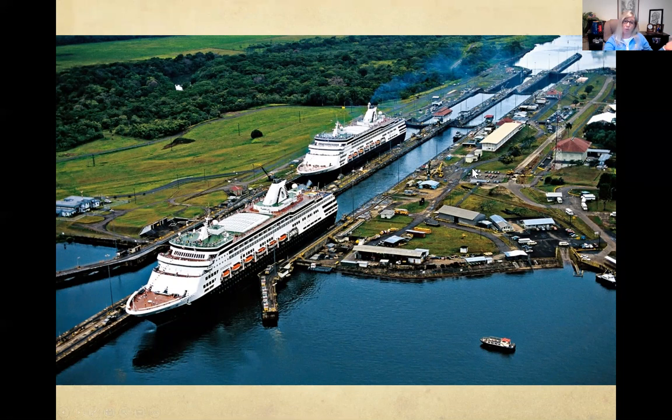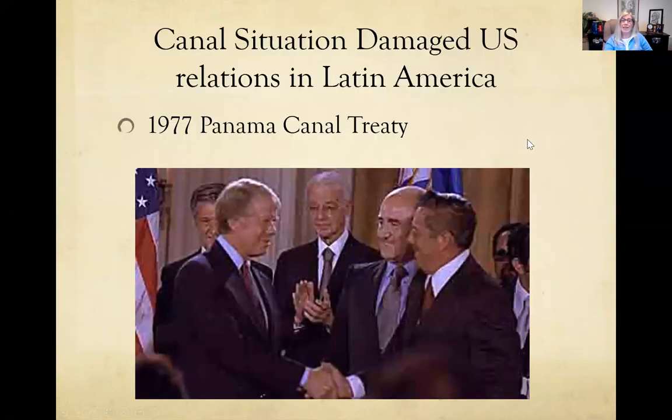So the US controlled it from when it was completed. I think it took 8, 10, 12 years, something like that to complete construction of the canal. But by 1977, the United States is going to reach an agreement with Panama to turn over control of it to the Panamanians. Initially, the US was in complete control, but Panamanians, many of them, worked in the Panama Canal Zone along with many Americans.